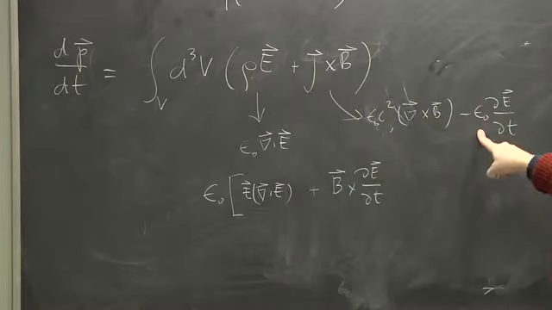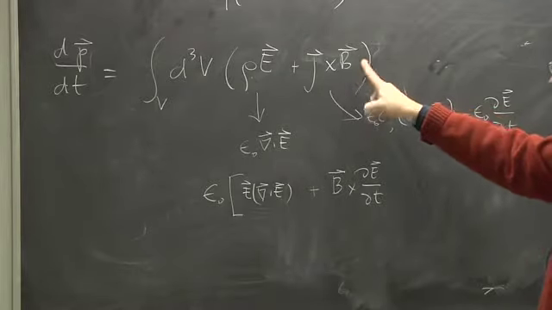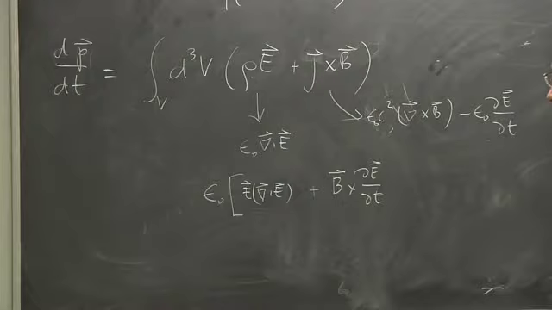Because I have this term here that is minus epsilon naught dE/dt cross B. So I put B across, the cross product is antisymmetric, so I get this term with a plus.